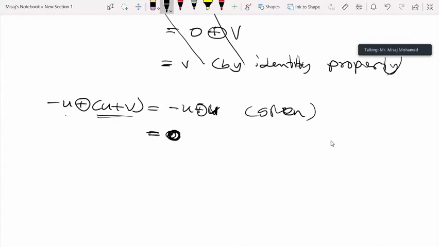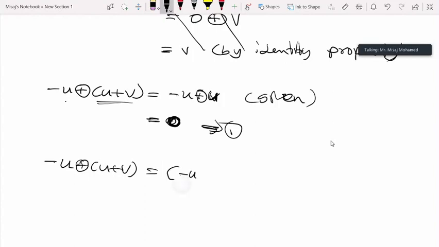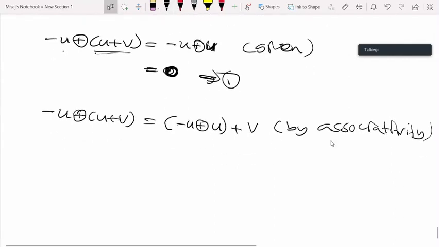Is it okay? Hello? Oh, sir. Yeah. Right. So now the left hand side, take this as 1. So minus u plus v, by associative law, I will write like this. By associativity. What is this?